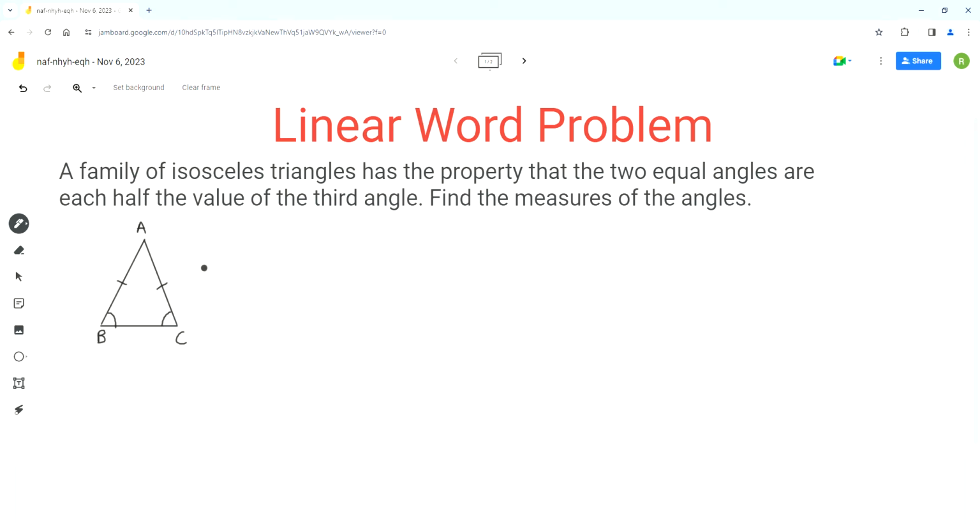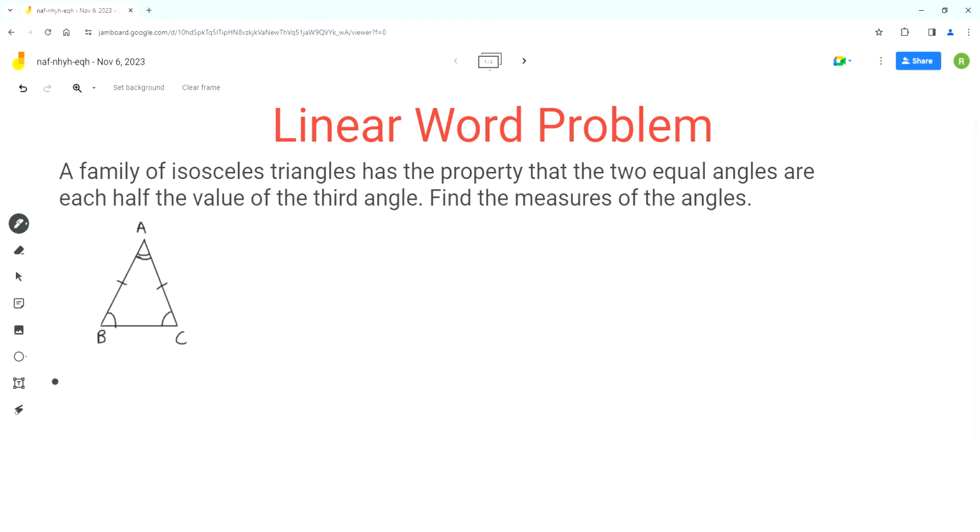Now as per the problem, the two equal angles are each half the value of the third angle. Now the third angle in this triangle is this angle A. We have to write a let statement for a variable because we need a variable to write an equation for this problem. And then we'll solve that equation.